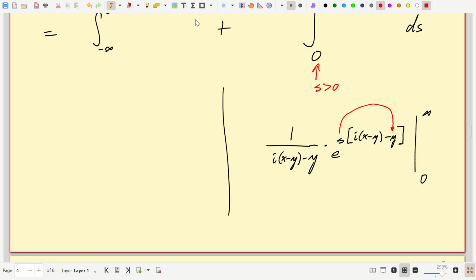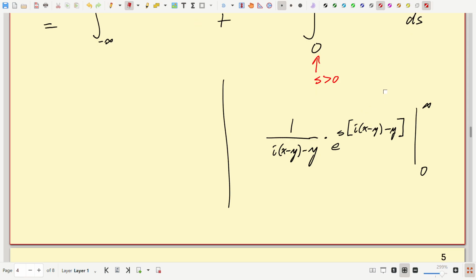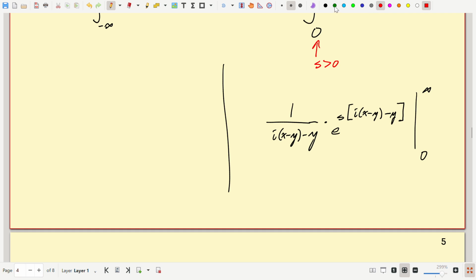And so that's a huge negative number. The modulus of that thing goes to 0. Okay, so I claim that this is going to be 0 minus 1 over i times x minus y minus y.